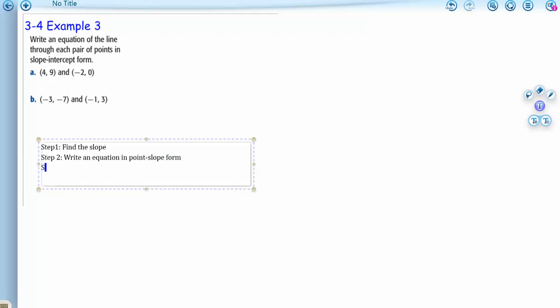And then step 3 will be to convert that point slope form into slope intercept form, which means we're going to solve for y.